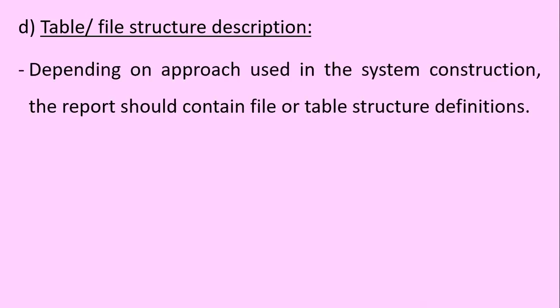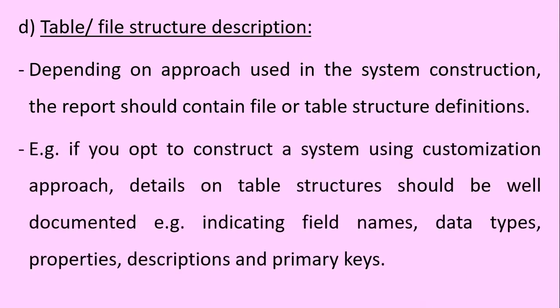On table or file structure description documentation, depending on the approach used in the system construction, this report should contain file or table structure definitions. For example, if you opt to construct a system using the customization approach, details on how table structures are done should be well documented, for example, indicating field names, data types, properties, descriptions, and primary keys.